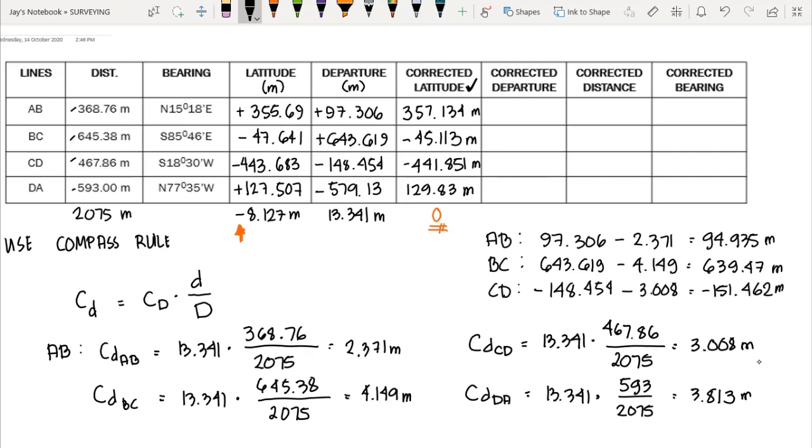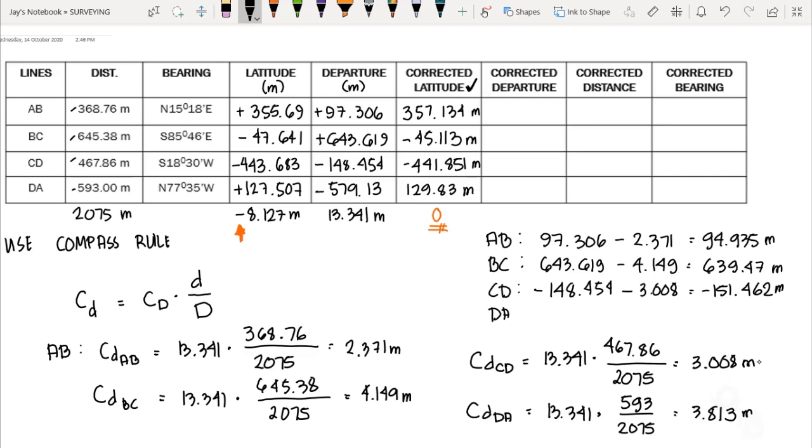And lastly, DA, which is negative 579.13 minus the correction of DA, 3.813, which is equal to negative 582.943 meters. So these are the corrected departures for every line respectively.